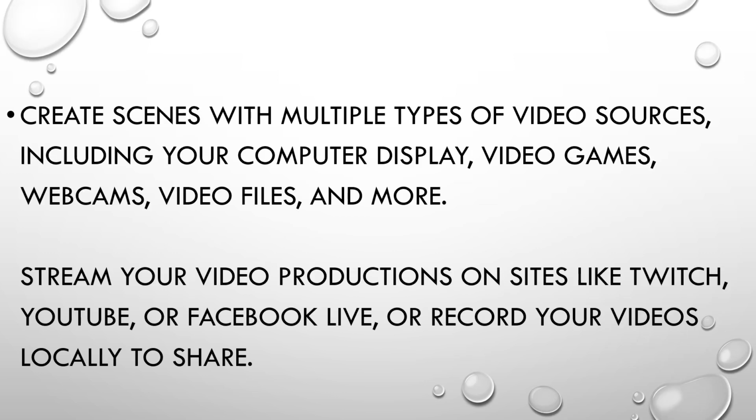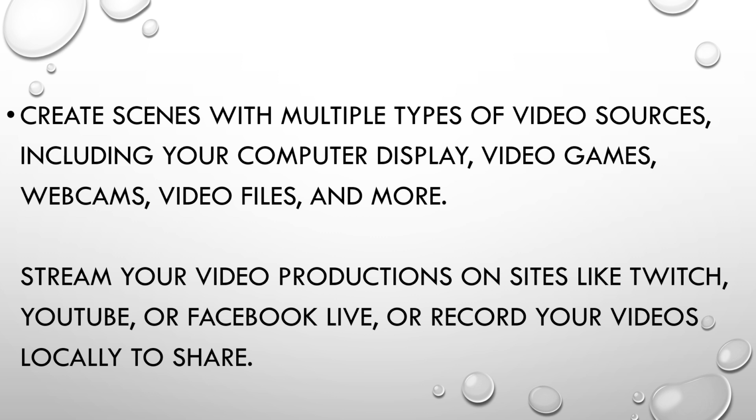So now, other things you should also understand about OBS is that you can create scenes with multiple types of video sources. In our previous videos, I've told you that you can get different types of sources. If you also want to get video, you can get video from your video file, like I said in our previous lesson.